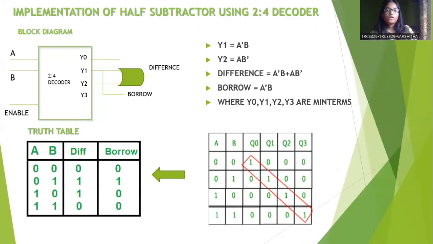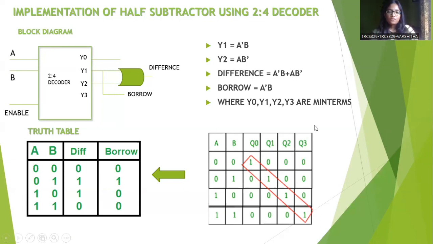In the same way, we can implement a half subtractor using a 2 to 4 decoder. Here, AB is the input signal which is passed to the 2 to 4 decoder. Y0 to Y3 are the output signals, where Y1 and Y2, when connected to the OR gate, give the difference, and Y1 is the borrow.